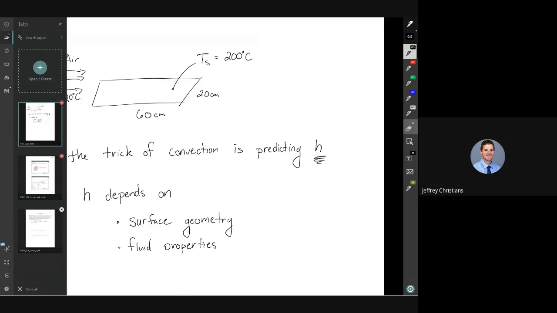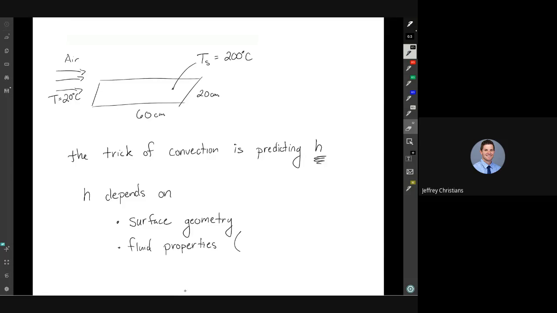Okay, so it depends on the surface. It depends on fluid properties. Just an example of some of what those would be, like heat capacity, thermal conductivity, whether we have boiling or condensation, and how those things change with temperature.